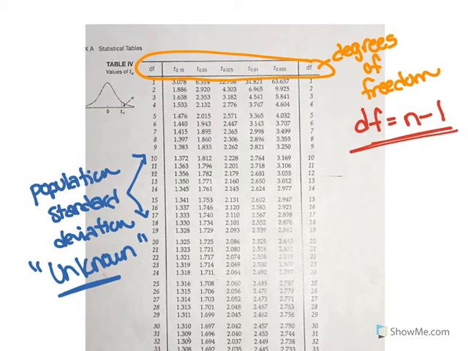It has the exact same little labeling, meaning that this first column is going to represent 80%. The second column will represent 90%.